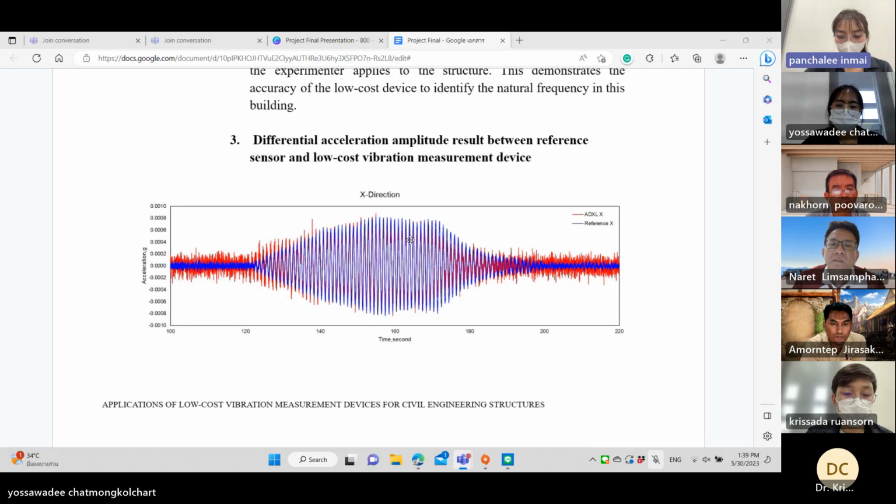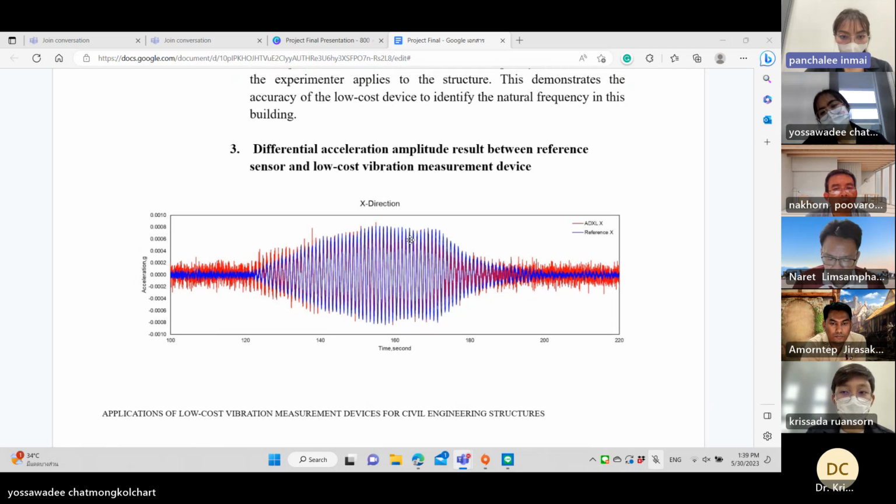The offset between the blue and the red are noises produced by the local device itself, caused by the MEMS accelerometer.